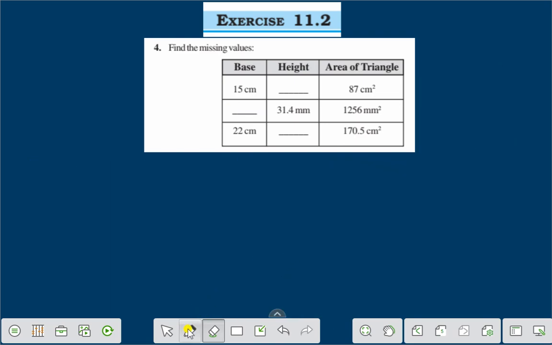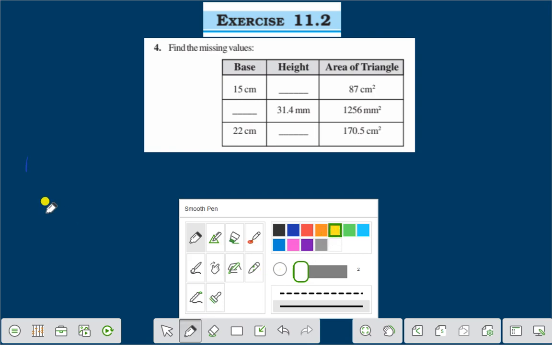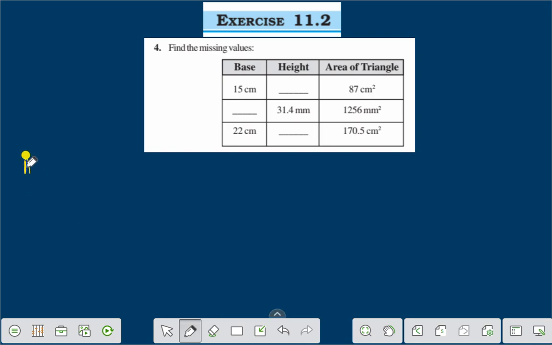We know that the area of a triangle is equal to half into base into height.